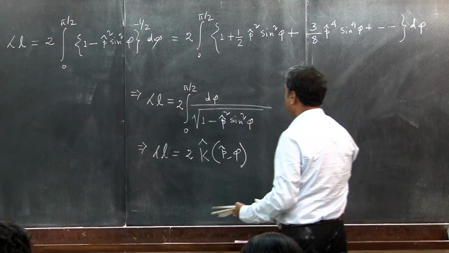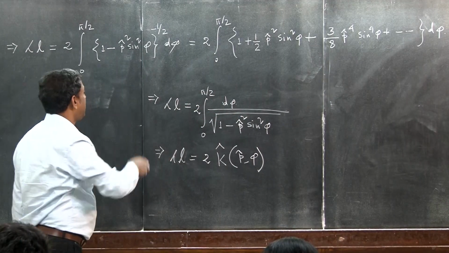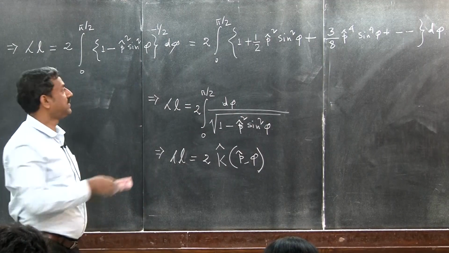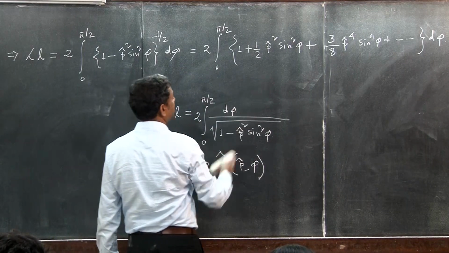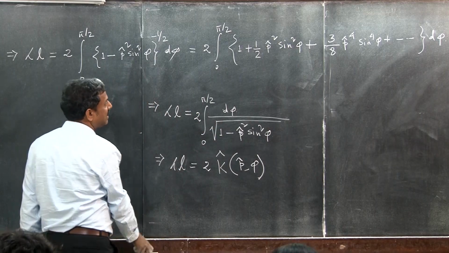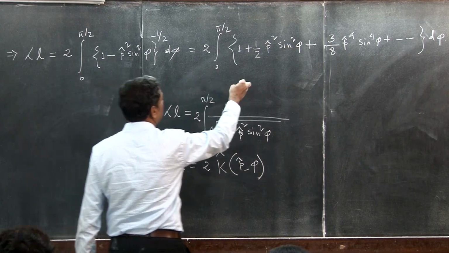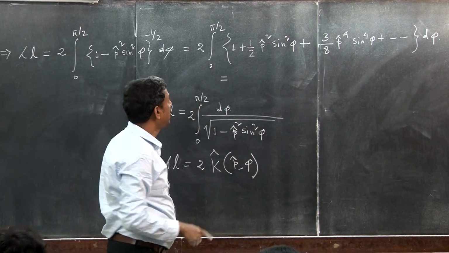So we expand it using the binomial theorem, knowing that sine phi is less than 1 and p cap is also less than 1. So this is a small number when appearing in the square term, so we can expand it using this expression. Then you can integrate it term by term, not a problem.